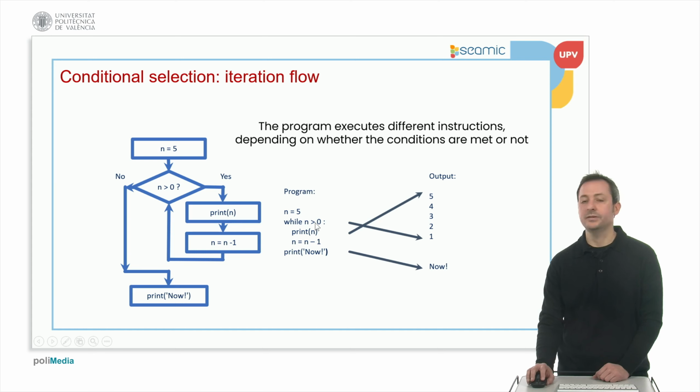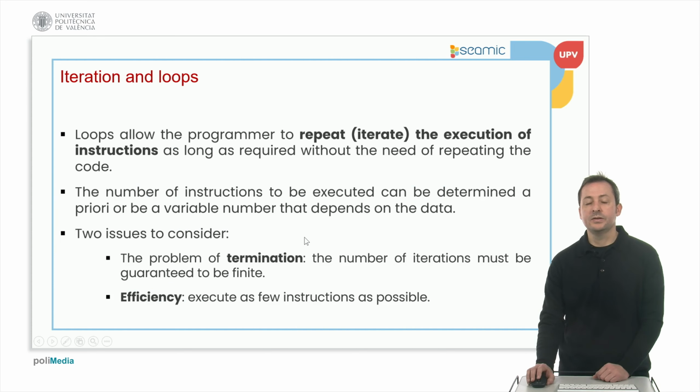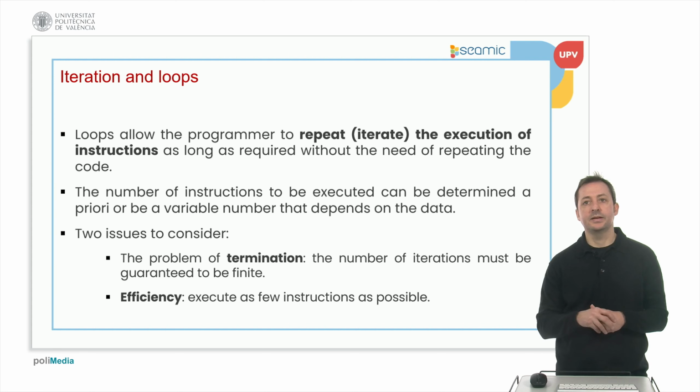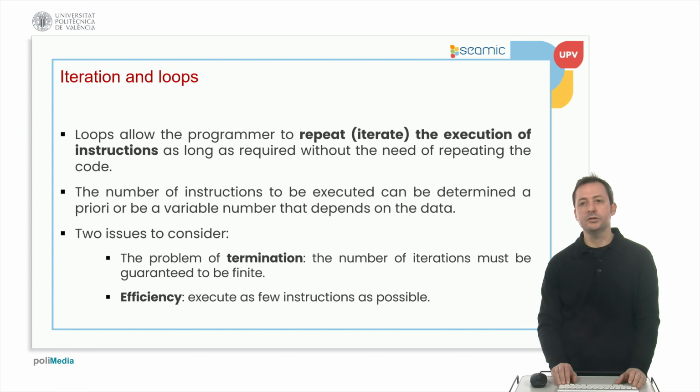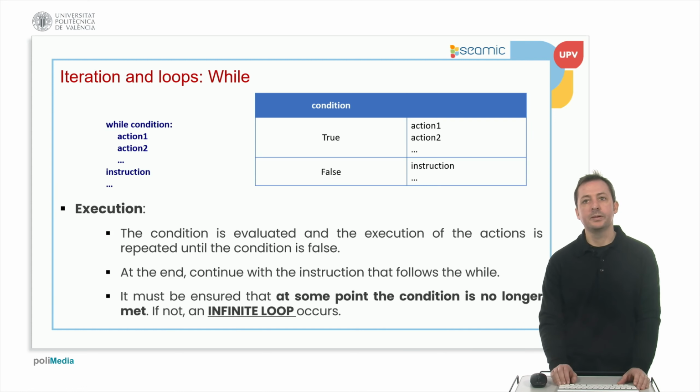So at some point the value of n will be 0 and the loop will finish. These loops allow us to define instructions that are repeated several times depending on some condition, and it's very important to define some termination condition that allows the loop to end.